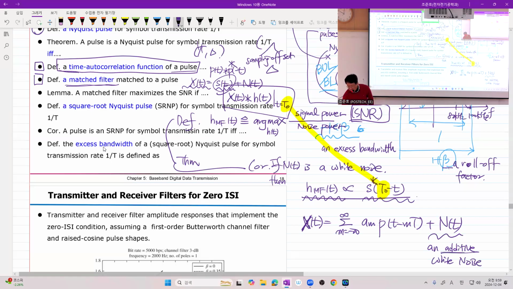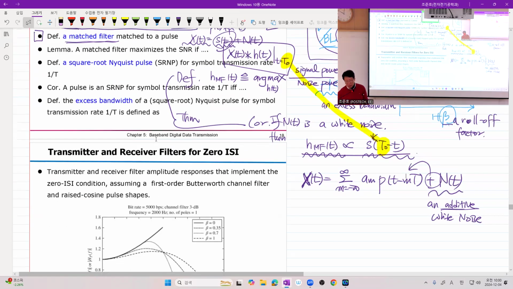Here, additive means that it is added to this signal and implies that, statistically speaking, they are independent, or at least uncorrelated. But anyway, you may regard additive as meaning it is not only added, but also independent of other components in your signal.